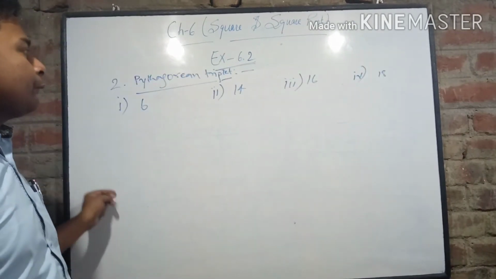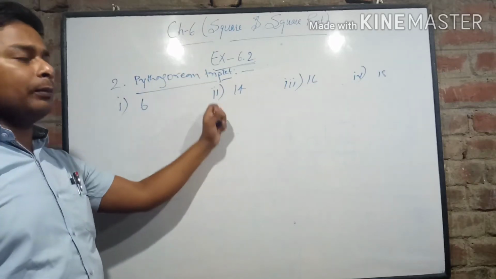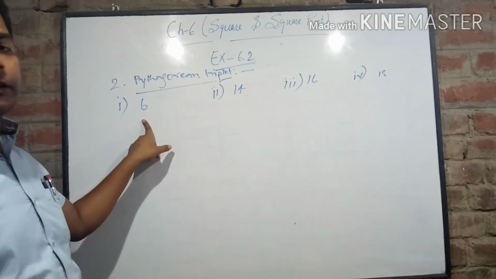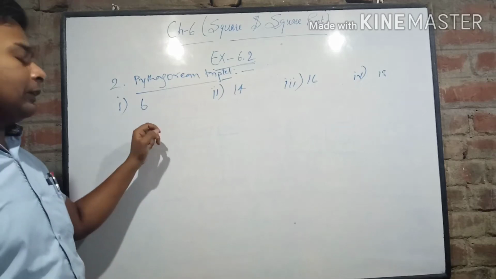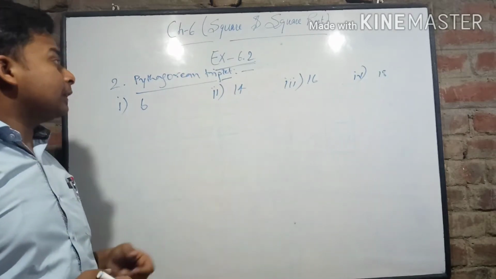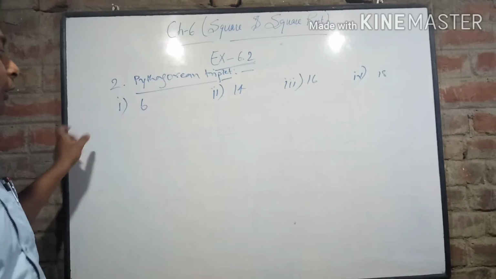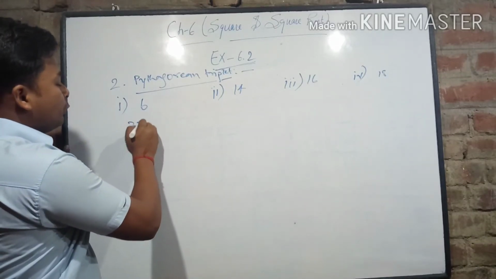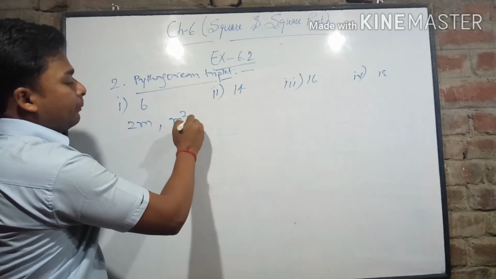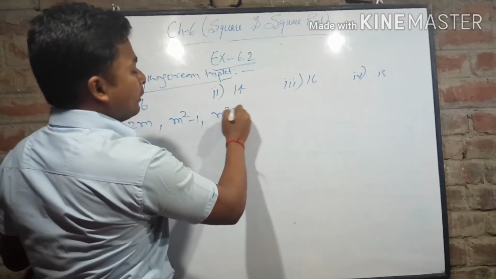In question number 2, we have to find a Pythagorean triplet of which one member is given to you. And we studied during the concept time that Pythagorean triplets are always in the form of 2m, m square minus 1 and m square plus 1.